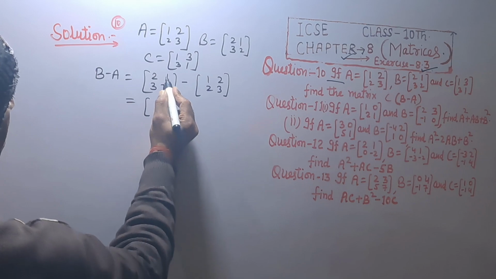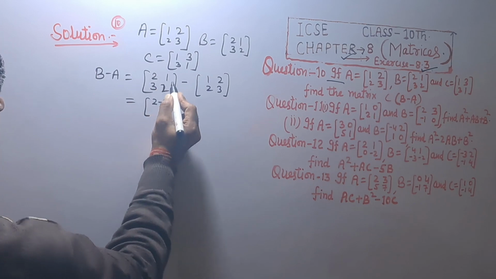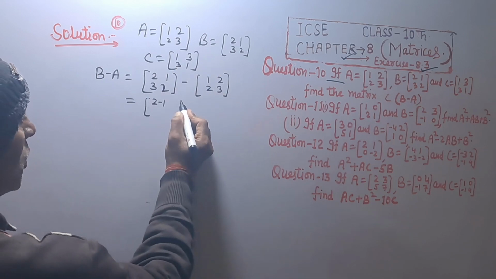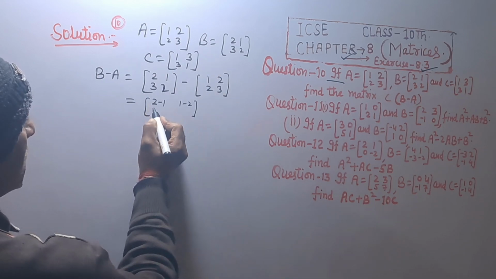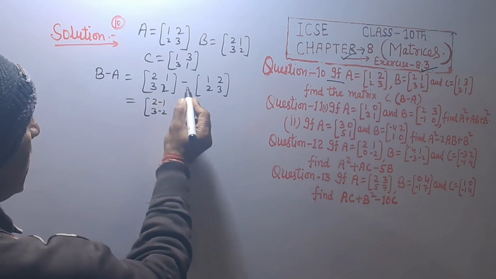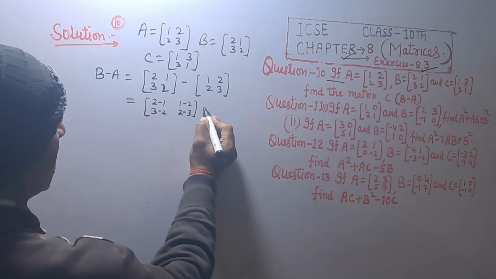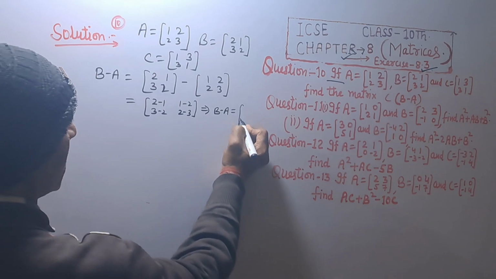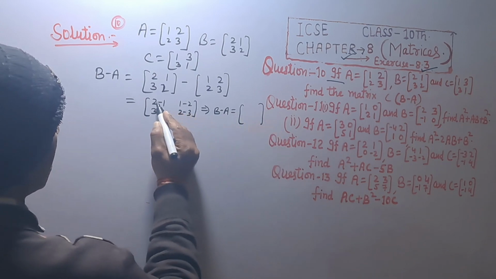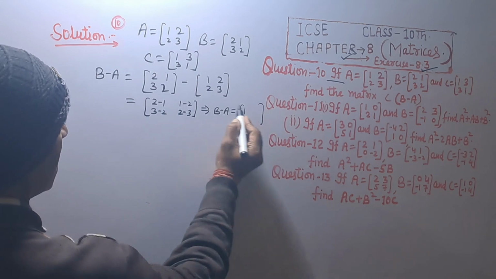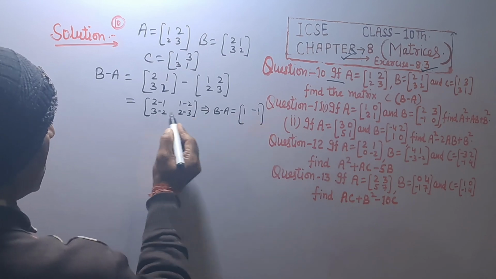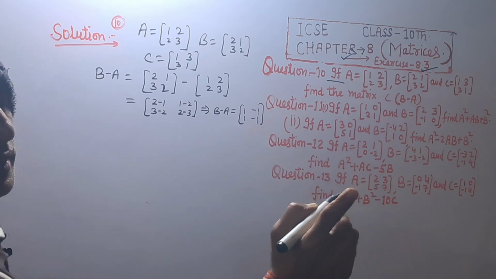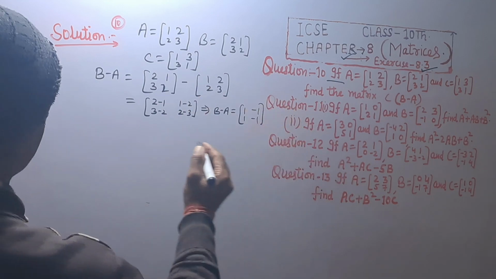That is equal to 2 minus 1 and 1 minus 2, 3 minus 2 and 2 minus 3, which implies B minus A is equal to [1, -1; 1, -1]. 3 minus 2 is 1, 2 minus 3 is minus 1. That is B minus A.